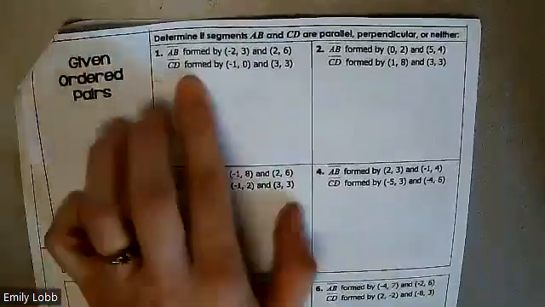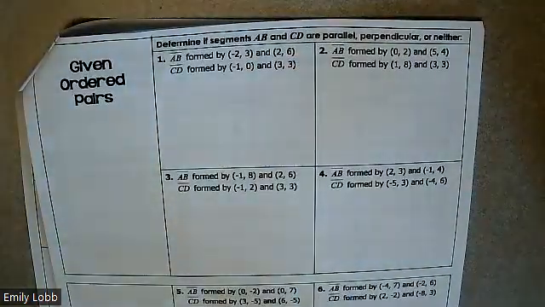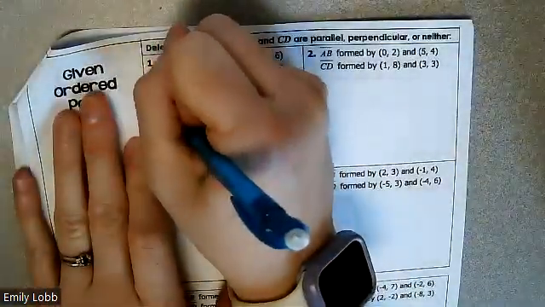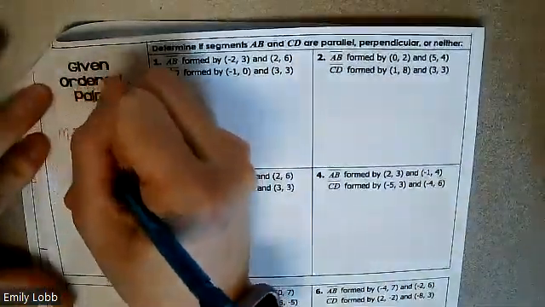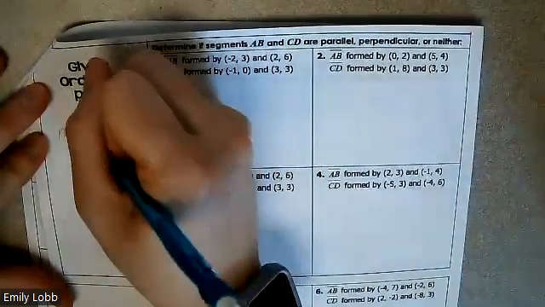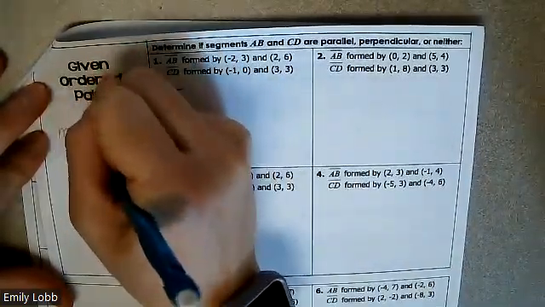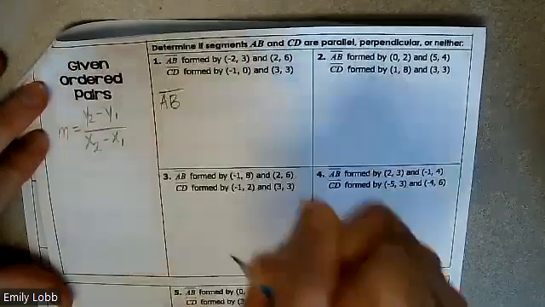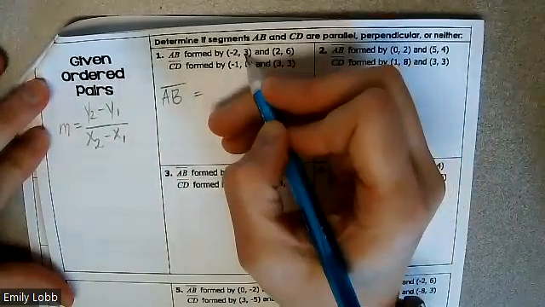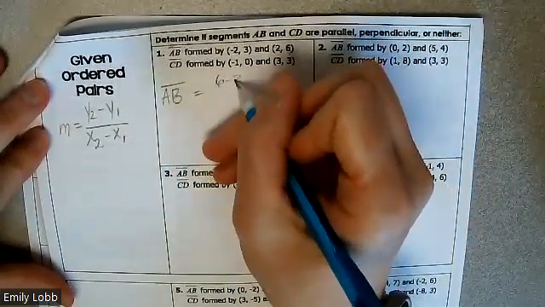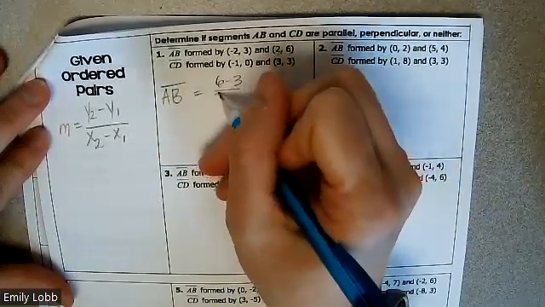Are you ready? We have to figure out our slopes. So we're going to use our slope formula. Remember, our slope is y2 minus y1 all over x2 minus x1. So I'm going to say 6 minus 3 all over 2 minus a negative 2.